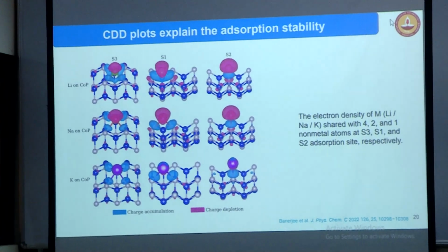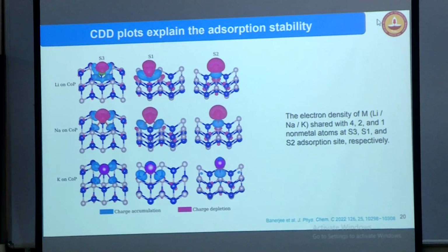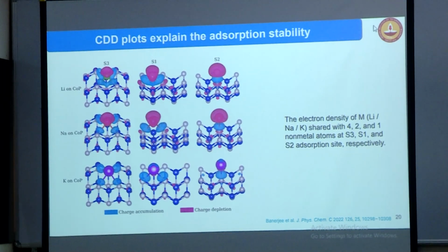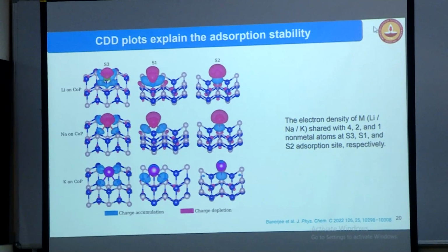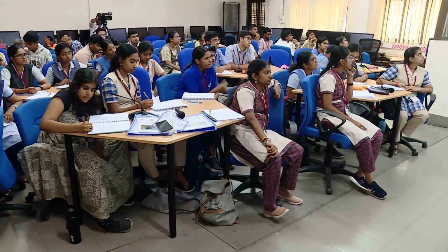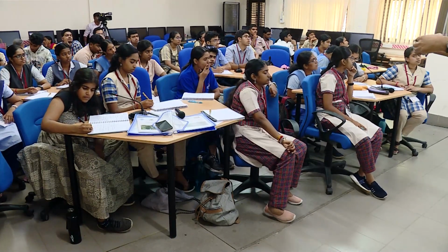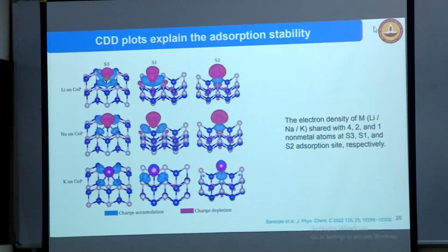When you put this lithium atom at the S3 site, the electron density is shared between 4 of the sites, 4 non-metal sites. Whereas for S2 there are only 2 sites that it is anchored to. For S1 it is like a single pillar type. So it is obvious that when 4 people are holding it, the central person will be stable. If only one guy is holding, it will not be.